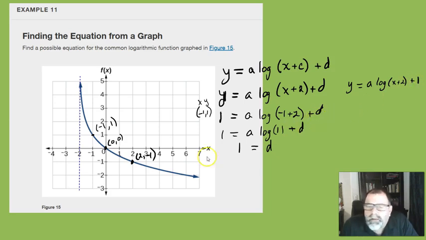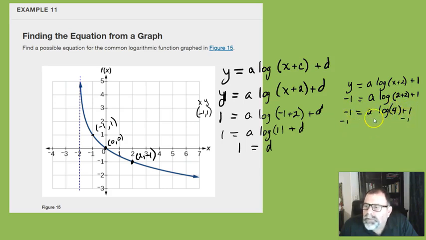Then let's plug in the 2, negative 1. So negative 1 equals a log base 10 of 2 plus 2, plus the 1. That would be negative 1 equals a log of 4 plus 1.